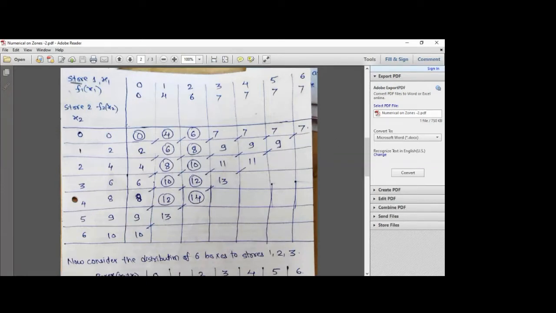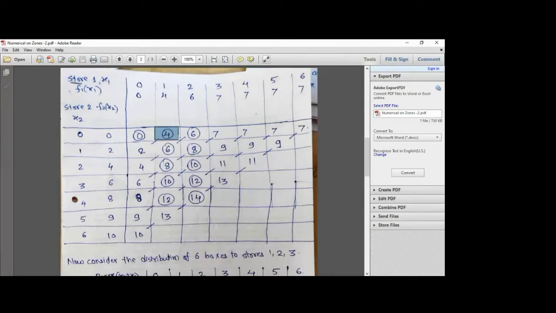So now, considering zero crates for store 1 and store 2, the maximum profit that I can yield is 0, right? Similarly, considering 1 crate to be distributed for store 1 and store 2, the maximum profit can be achieved by visualizing these two values, that is 2 and 4 across the diagonal, and which is the maximum value?